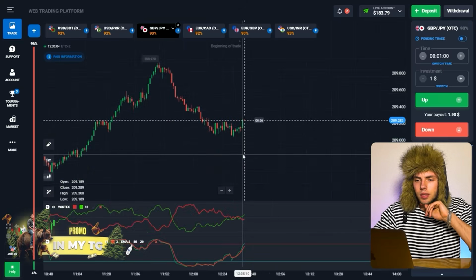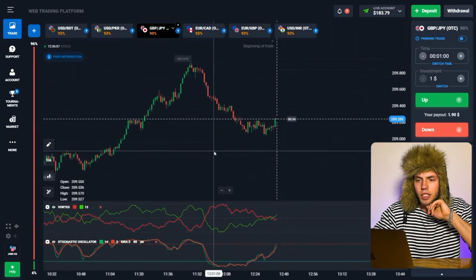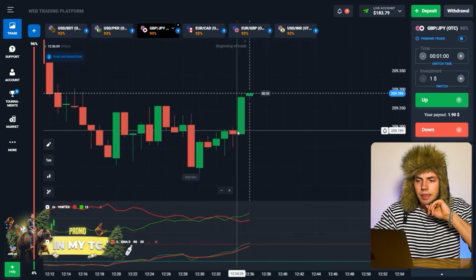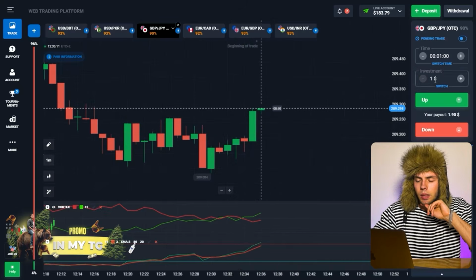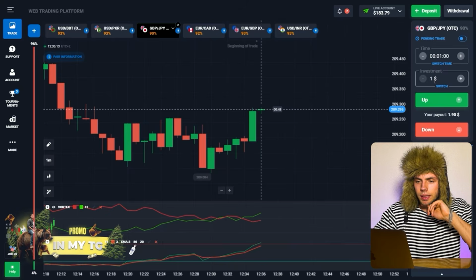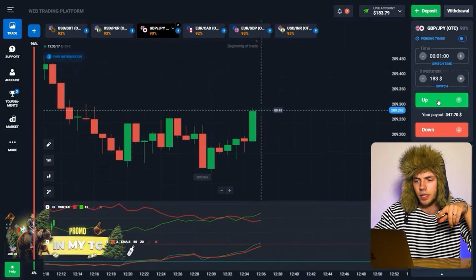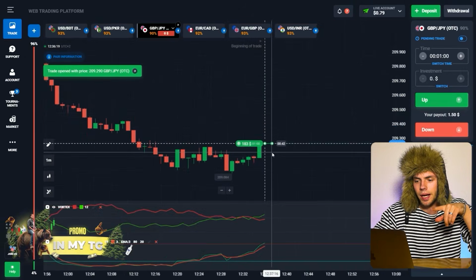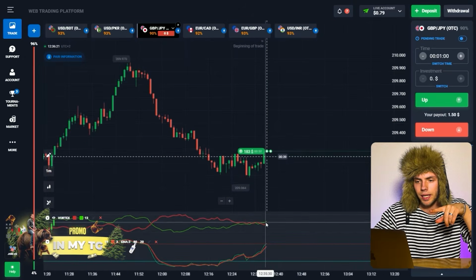Okay, let us see what Great Britain pound to Japanese yen is offering us. Alright, here we have an upgoing trend right now. You see, it was also a downgoing trend before, and right now we should enter the beginning of a trend, alright?